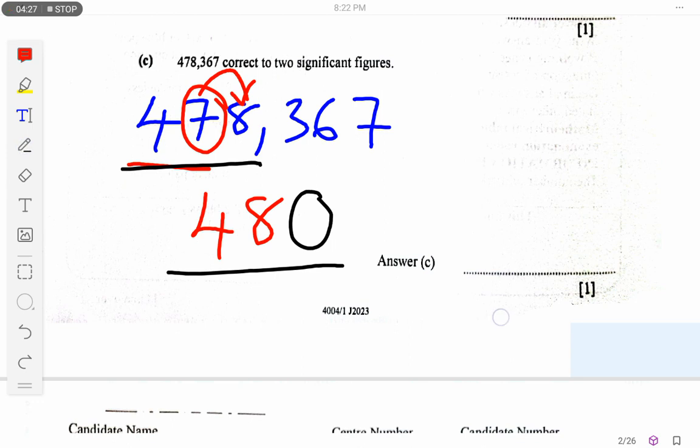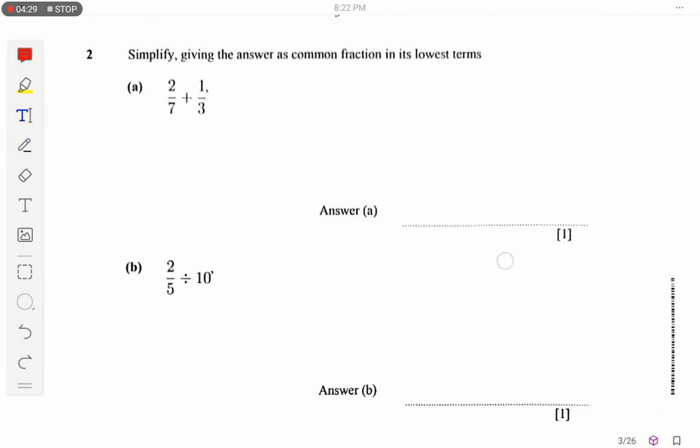Okay, let's move on. Now we are asked to simplify, giving the answer as a common fraction in its lowest term. Okay, let's do it, guys. So what you do, you find a common denominator for this. The easiest way that I can do is say 7 times 3, we get 21.